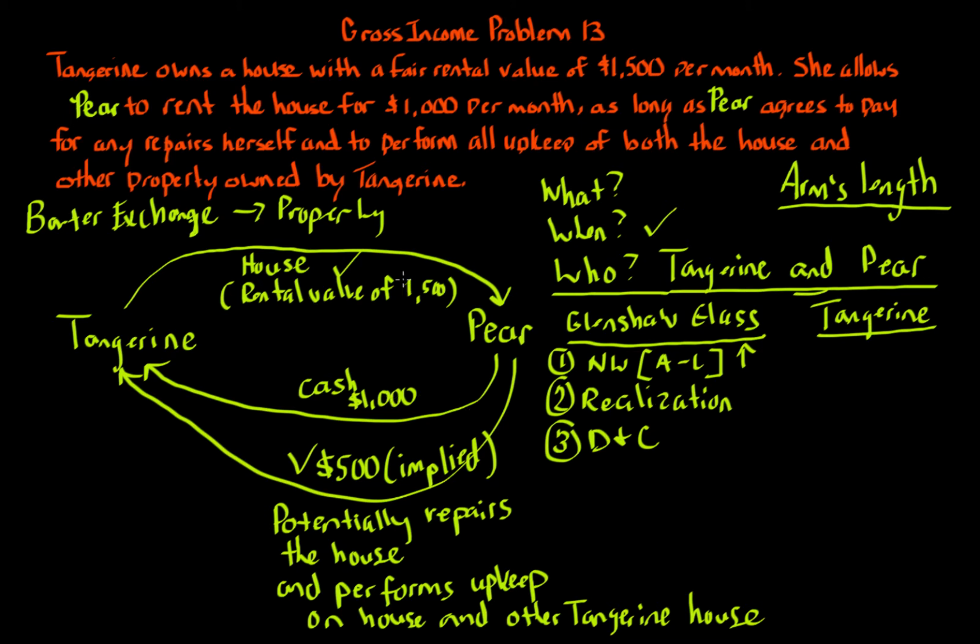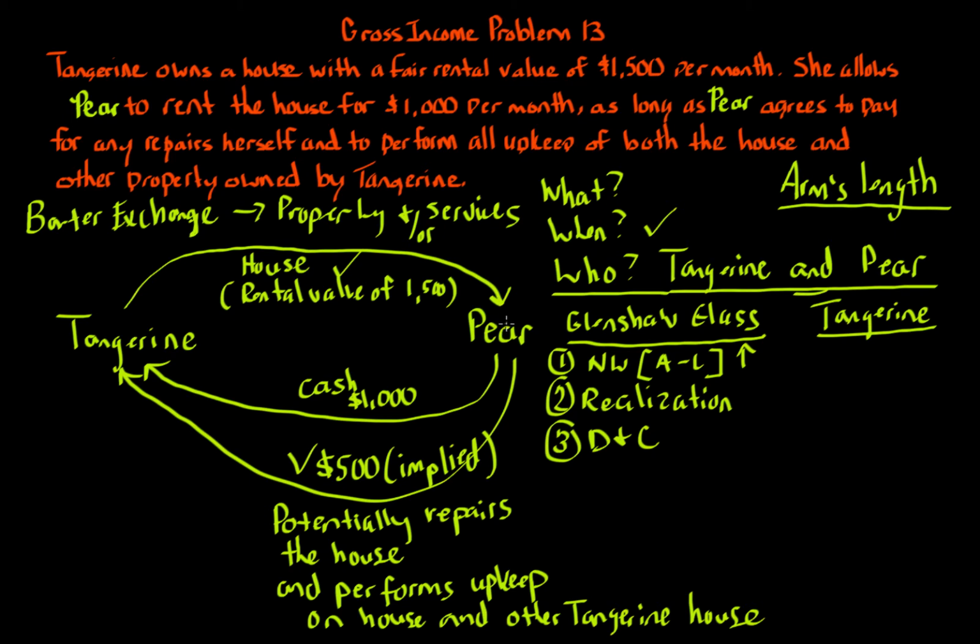But what about the barter exchange? Property and or services on either side. On this side or on this side. And we have both. We have property here and we have services here. So that's a barter exchange. And you can go back to previous videos where we talked about barter exchange. The idea is that if Tangerine did not have this property and Pear performed the services, Tangerine would pay Pear $500, and Pear would have to recognize that $500.